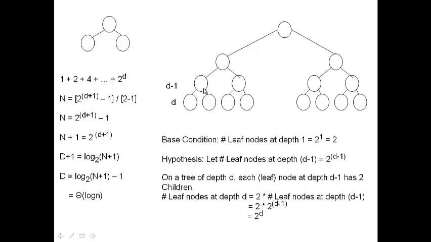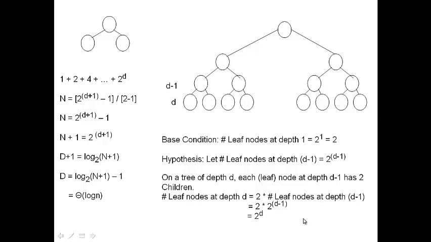But now each of these nodes, that's why I put the leaf nodes in brackets, have two children. So each of these has two children. So the number of nodes at depth d would be twice the number of nodes at depth d minus 1. That's what I have here.